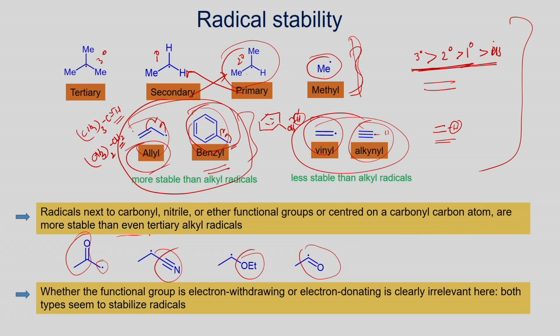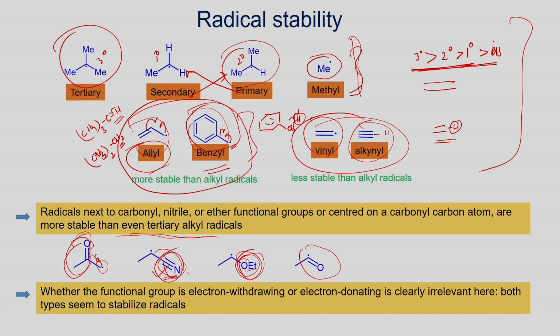You can see here that even compared to the tertiary alkyl radical, they are more stable, because by electron withdrawal it can be stabilized by the nitrile group, and the ether group can also stabilize the radical. Whether the functional group is electron withdrawing, like nitrile, or electron donating, like the ether group, it is clearly irrelevant here; both types stabilize the radical, the ether group as well as the carbonyl and nitrile groups.